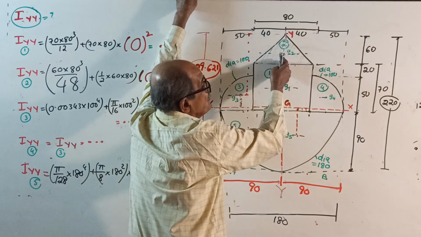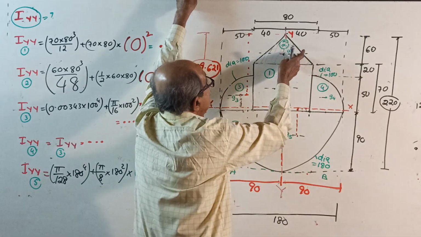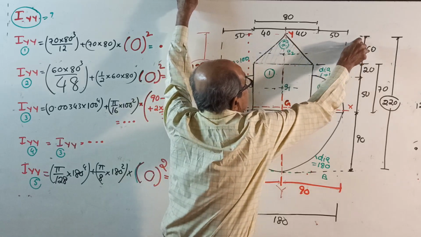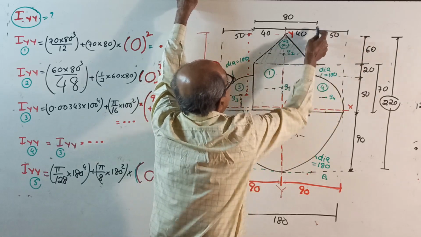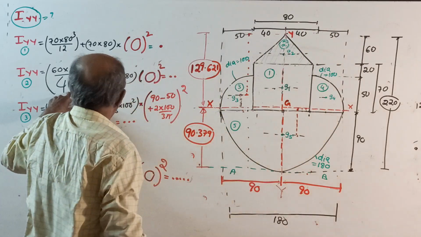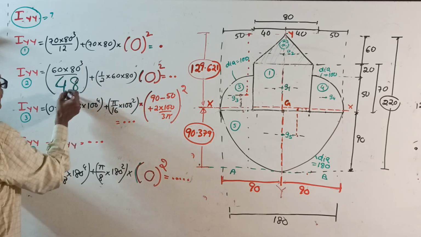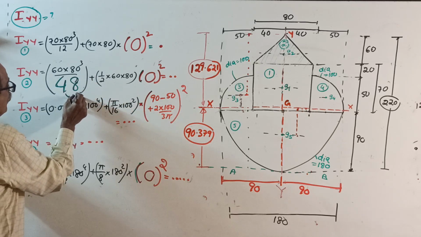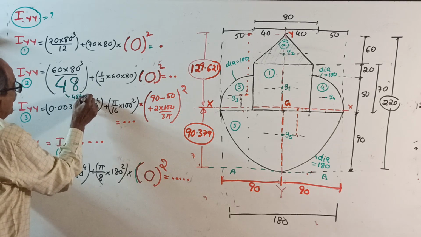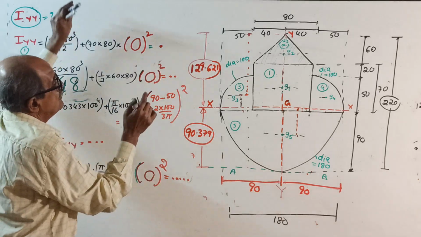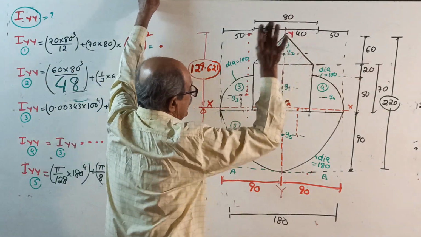This is not the base, it's in between, I told. So then I is, the parallel side is how much here? Parallel dimension is 60. 60 into 80 cube by 48. This I told repeatedly earlier, already more than 48 times. Plus area into 0 square.